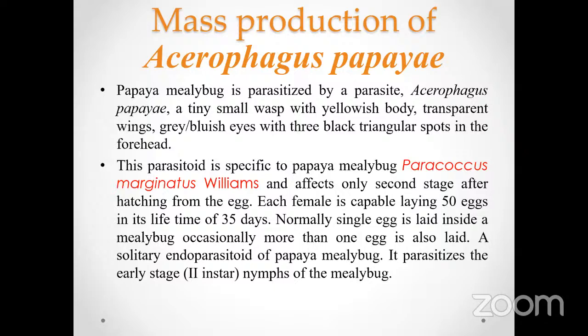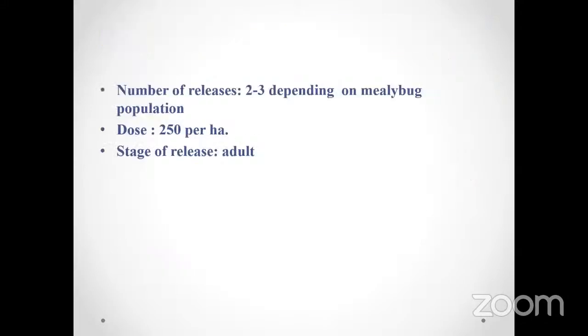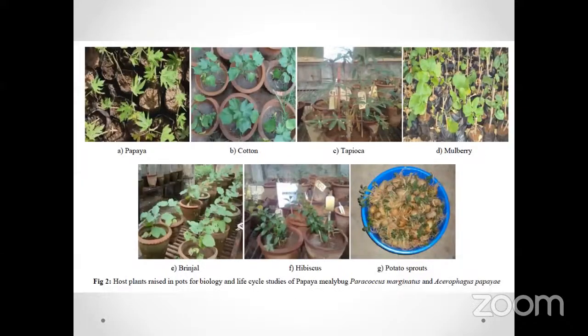As it is a solitary endoparasitoid, only one adult of Acerophagus papayae will come out from a mummified mealybug nymph. So for that, we need to have the mass production of the papaya mealybug. The papaya mealybug can be mass produced either on papaya seedlings, cotton seedlings or mulberry, or by growing the papaya mealybug on potato sprouts.